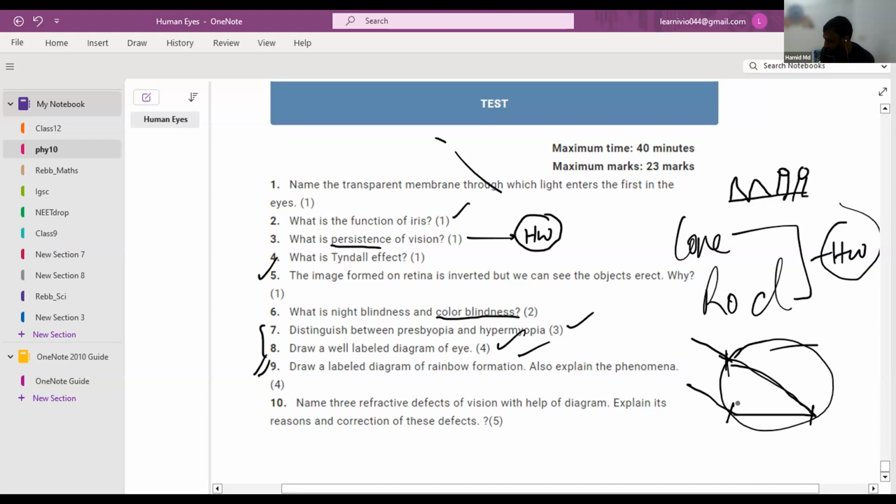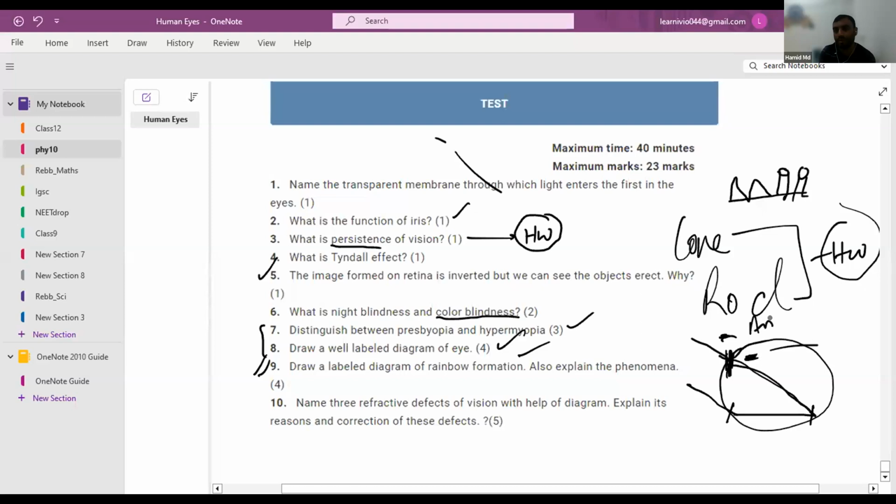It happens in water droplets when white light is the incident ray. When it enters the water droplet, it gets refracted. To say it properly, it gets first refraction at the air-water interface.